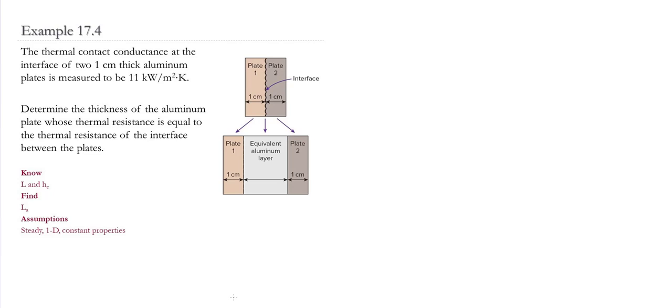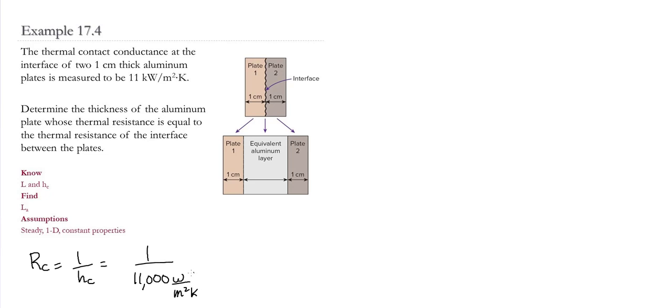The first step in this problem is to find the value of the contact resistance at the interface. We're given the value of the contact conductance. The way they are related to each other is that the resistance is equal to one over the conductance. So we simply take 1 over 11 kilowatts, so it's 11,000 watts per meter squared Kelvin.